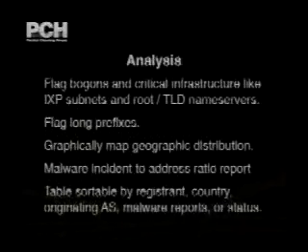Then we do a little bit of analysis of it. A lot of database lookups into the different databases that we keep of different kinds of infrastructure. So we flag all the bogons and critical infrastructure like exchange point subnets and root and TLD name servers.